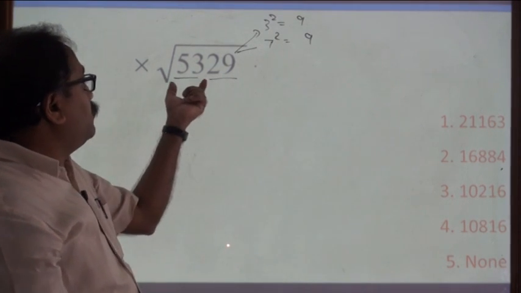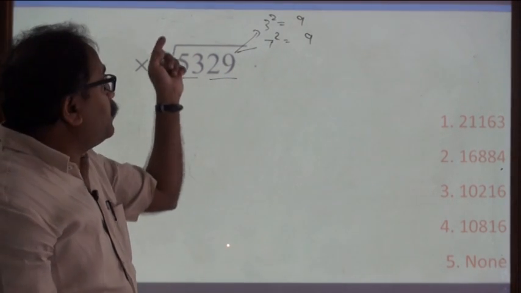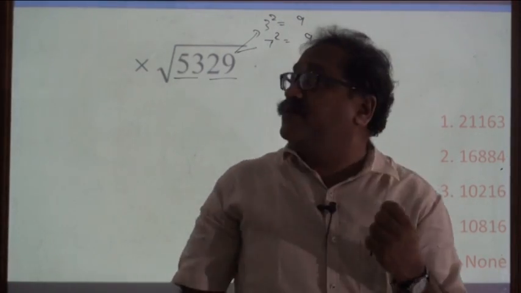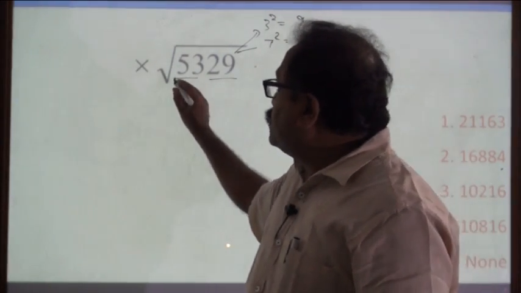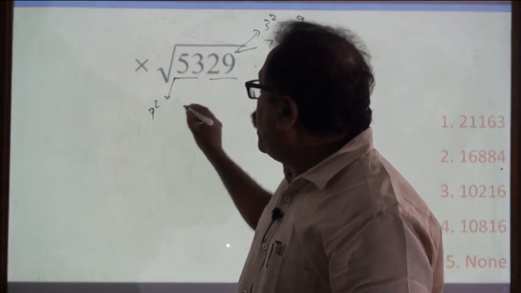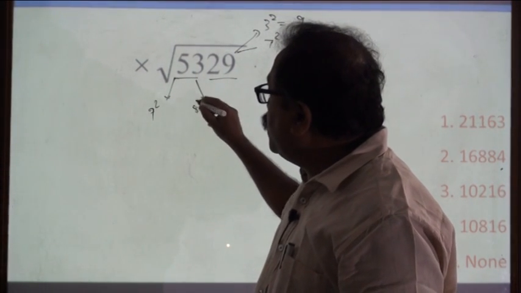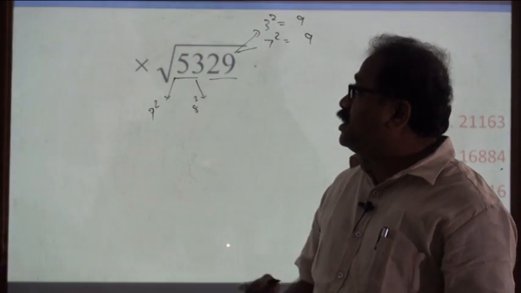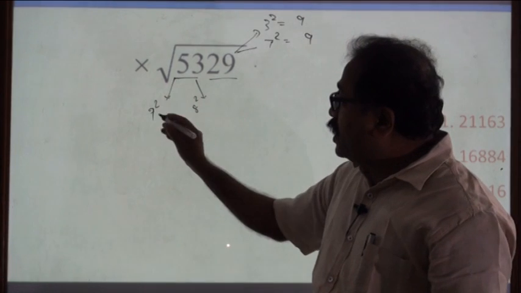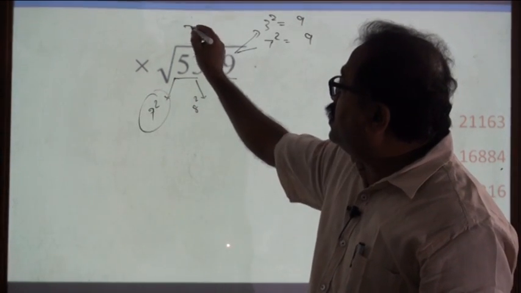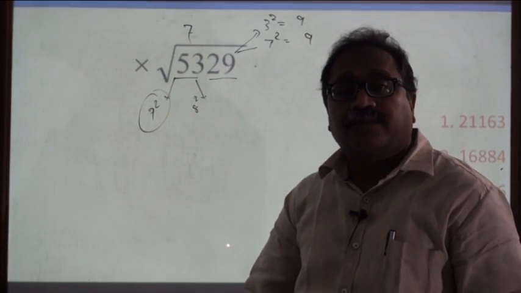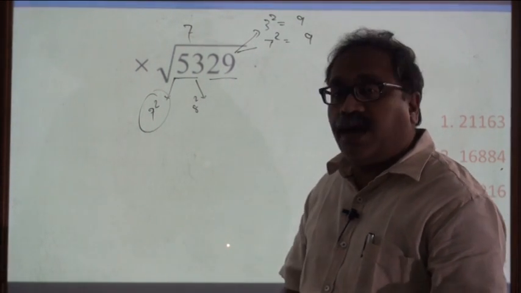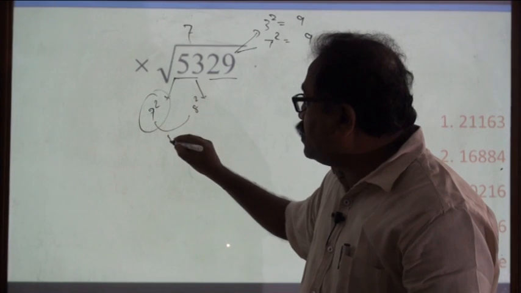Before that we will find out what will be my first digit here. Now 53 is greater than 7 square and less than 8 square. 7 square is 49, whereas 8 square is 64. So I will take the smaller number here, that is 7. What is the next step? Multiply 7 and 8, which is 56.